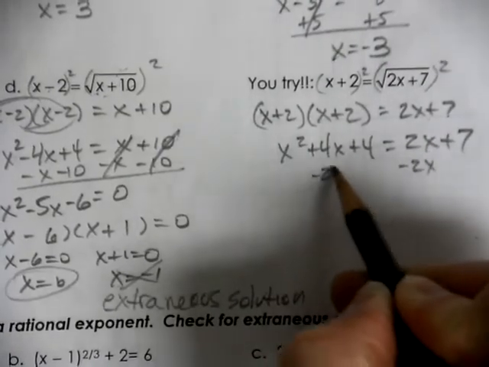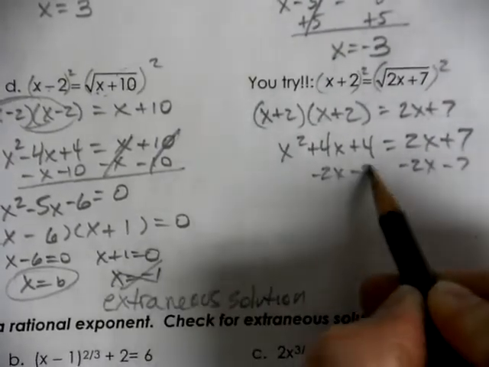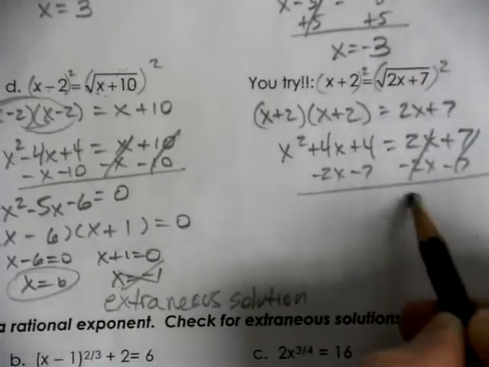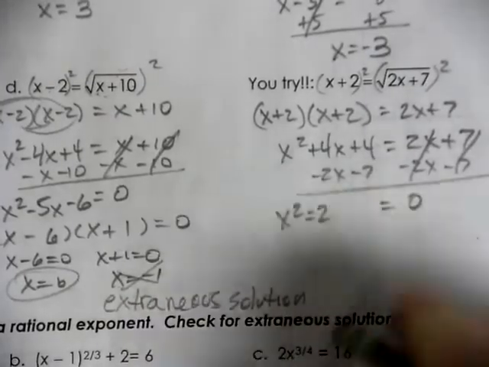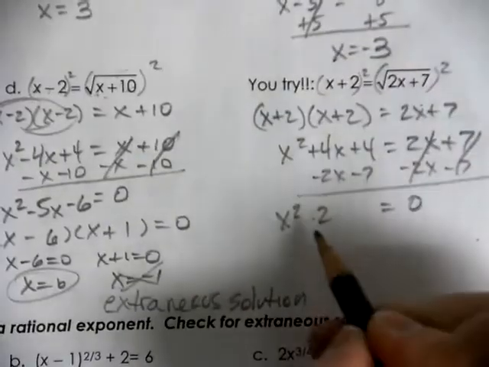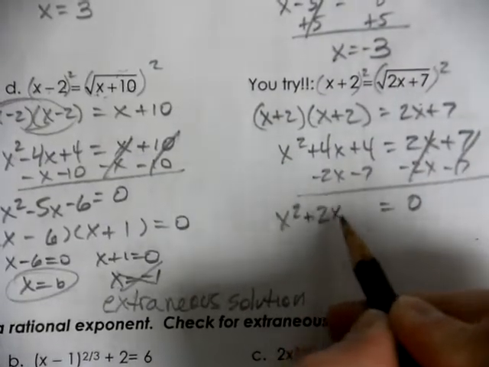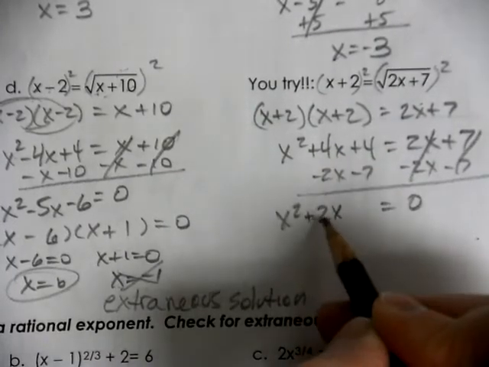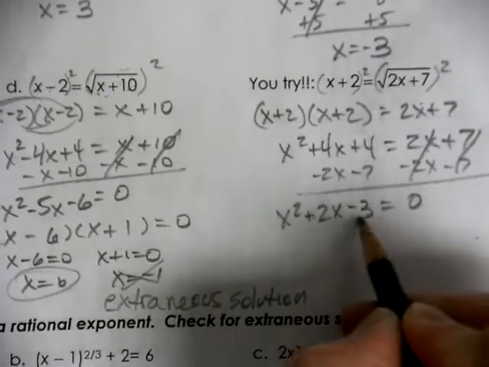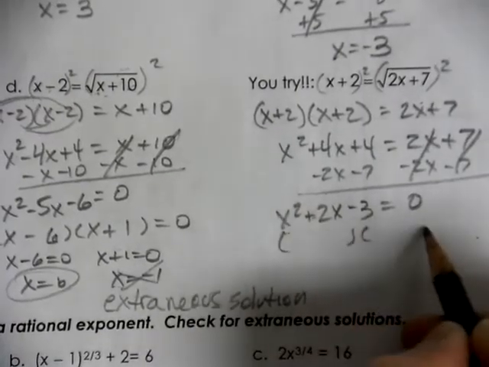We would subtract over or collect our like terms. That makes 0 on one side. For positive 4 minus 2 gives us a positive 2x minus 3, which can be factored.